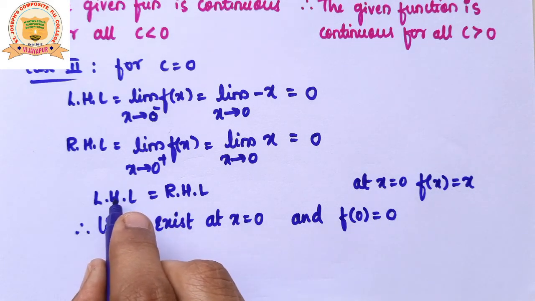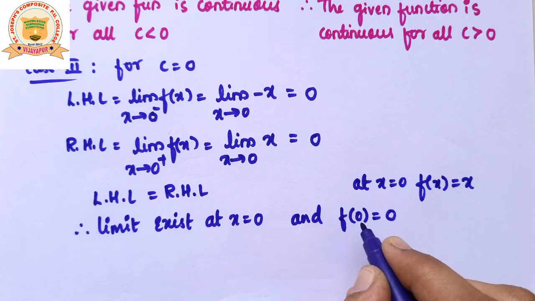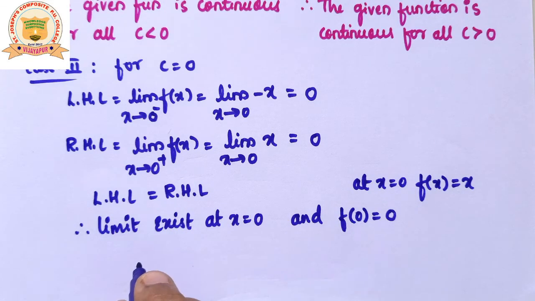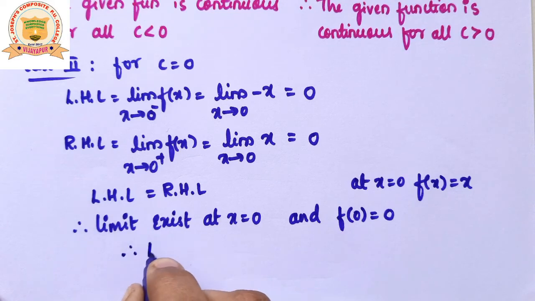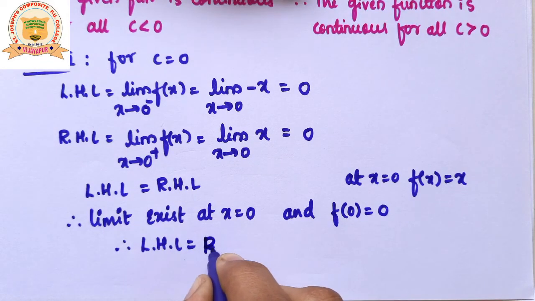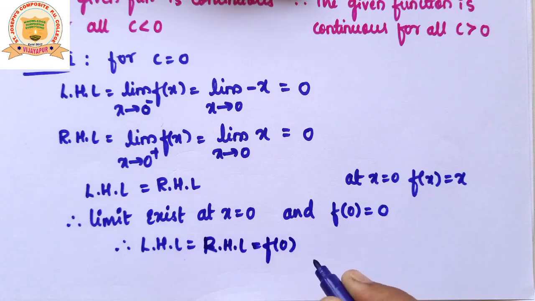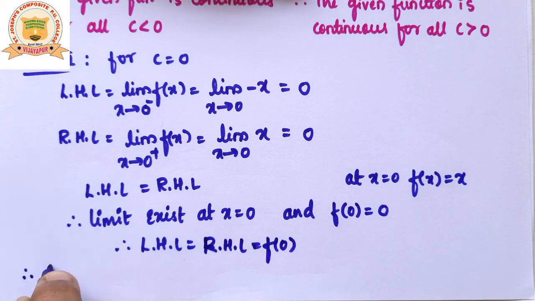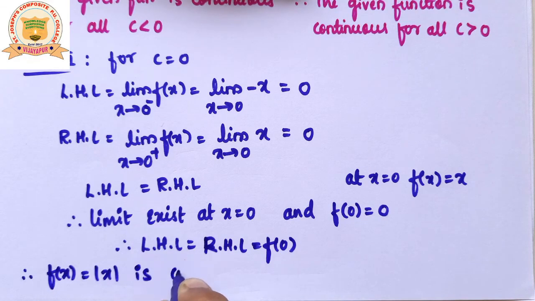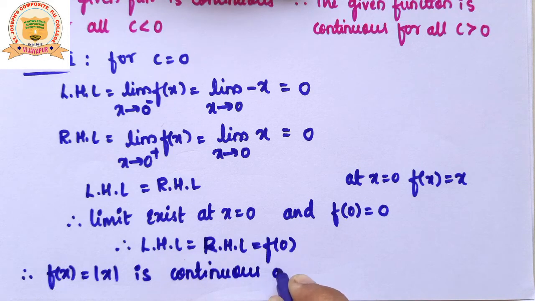Both LHL, RHL and f of 0 are all equal. Therefore, we can say LHL is equal to RHL is equal to f of 0. So, by the definition of continuity at a given point, we conclude that the given function, that is the modulus function f of x is equal to mod x, is continuous at x is equal to 0.